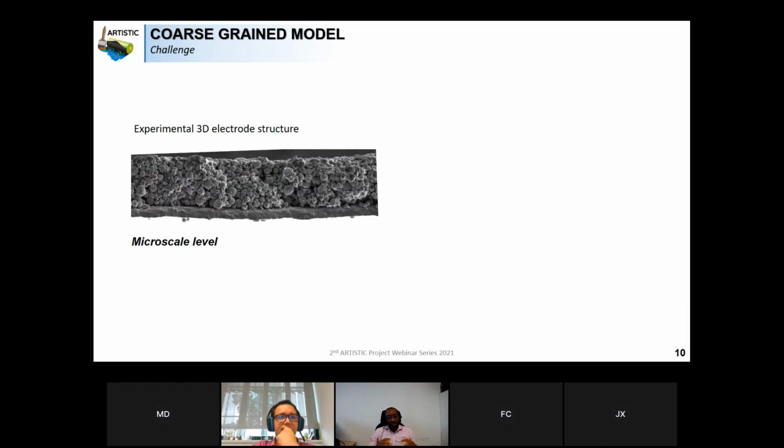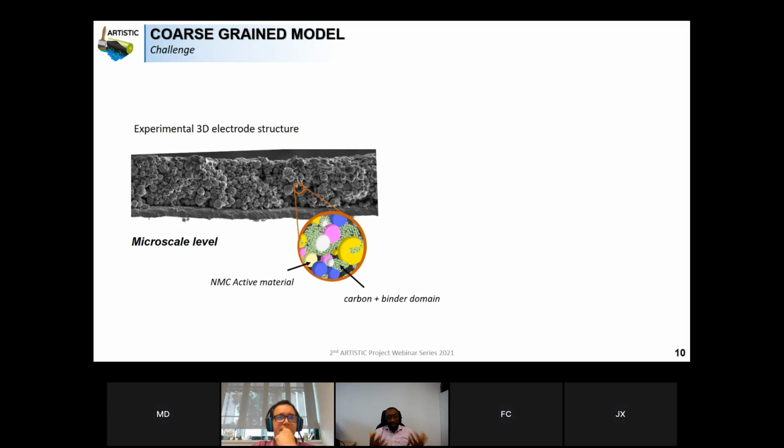For example, here you can see one SEM image of an electrode. It is the NMC 111 electrode, the 3D structure, at the microscale level. If you zoom in here, you can see clearly the big particle is the active material particle, and around it you can see some small particles.